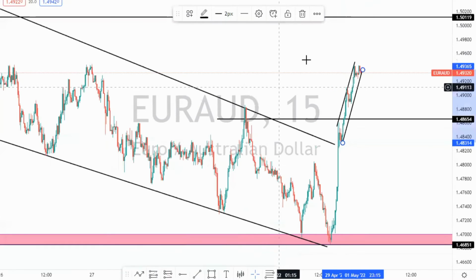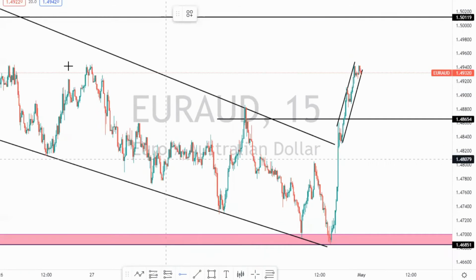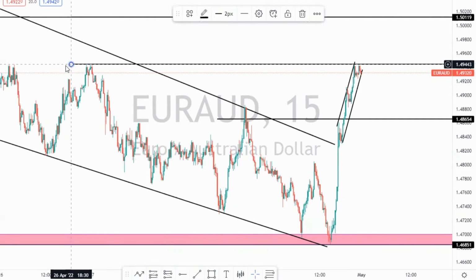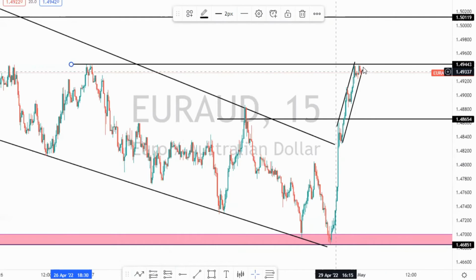This could be a larger correction, whereby this was a resistance. If you guys see it, that's why I always like to identify levels that the market has recently rejected. So if we break it, this is going to be a flat flag, right? So you could take an entry on the new breakout, like I said. But if we don't break it, then you should know that we are forming a larger correction.